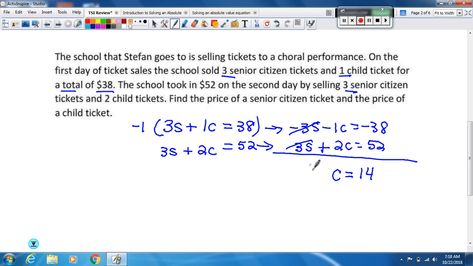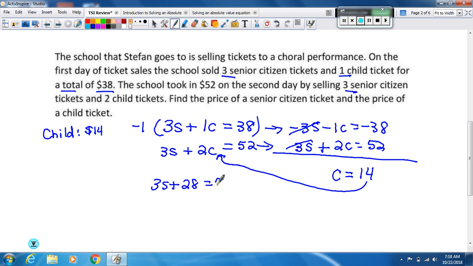Okay, so what that means is the child's ticket is $14. Now I take that back into this equation that I did not change and substitute it in. So leave 3s alone, plus 2 times 14 is 28 equals 52. I subtract 28 from both sides.